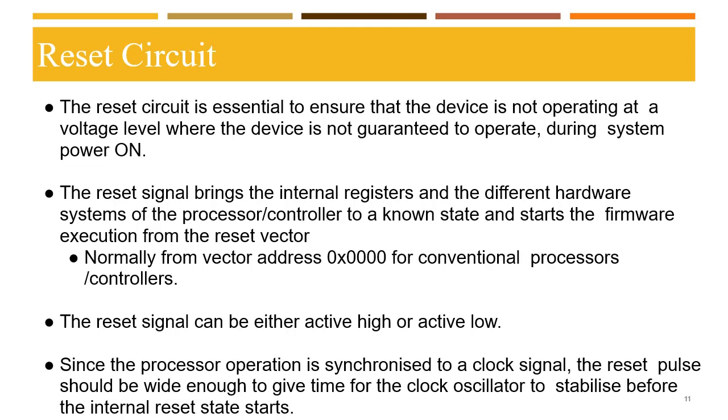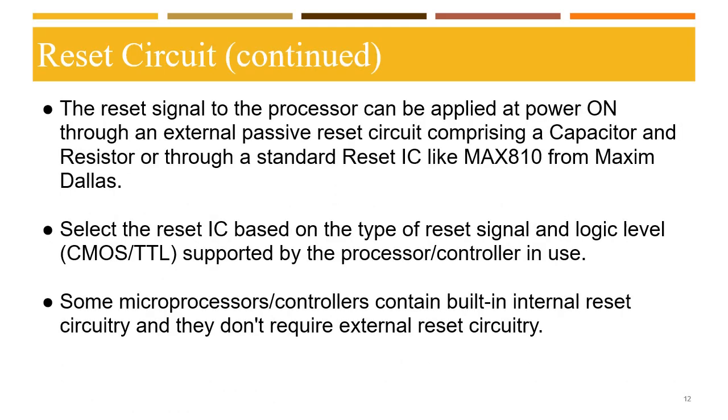Since the processor operation is synchronized to a clock signal, the reset pulse should be wide enough to allow time for the clock oscillator to stabilize before internal reset starts. The reset signal to the processor can be applied at power on through an external passive reset circuit comprising either a capacitor and a resistor, or else we can select a standard reset IC.